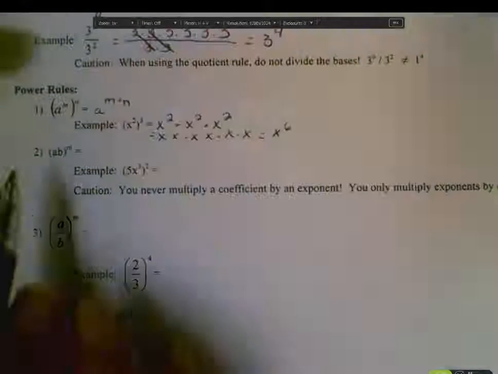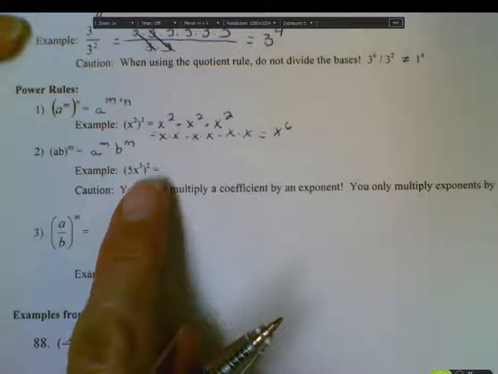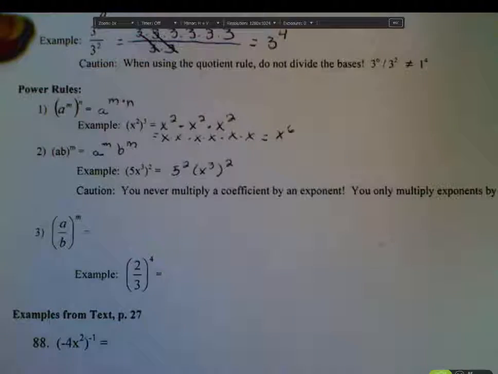The second power rule tells us when we have a product to a power, we can just raise each factor to the power. For example, if we have 5x cubed squared, we can just square the 5 and square the x cubed.